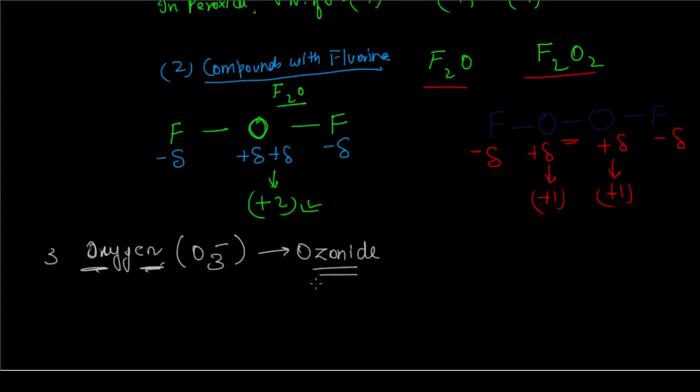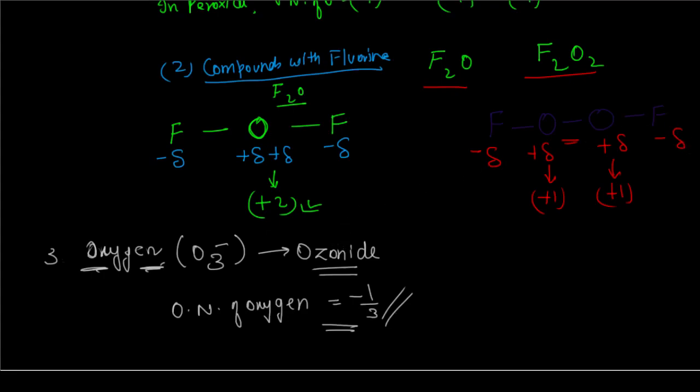In ozonide, you will see that the oxidation number of oxygen is -1/3. Clear? So this is another exception in the case of oxygen, that is ozonide, where oxygen has an oxidation number of -1/3. This is a very rare case. I have never seen ozonide being very prominently used, but just in case it comes up, I'm just telling you about it, right? So that is for ozonide.